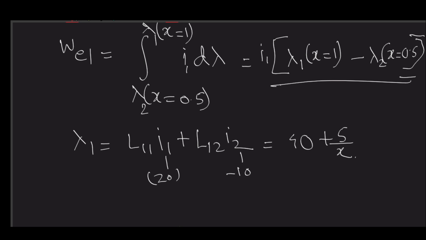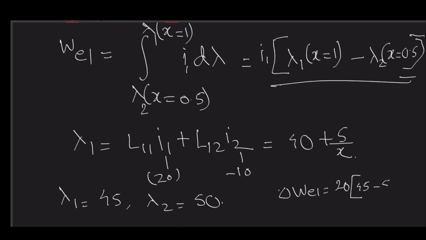Now lambda 1 at x equal to 1 is 45, and lambda 2 at x equal to 1 will be 50. So basically delta WE1, if you calculate, is 20 times 45 minus 50, that is minus 100 joule.